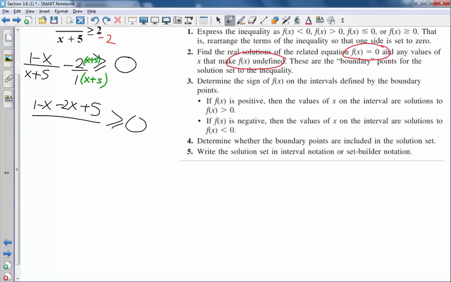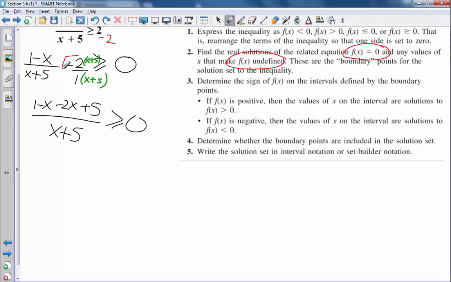Mistake. There is a mistake. Where? Minus 2x minus 10. And multiply the minus 2 times 5. I think Austin said positive 10. Did you say positive 10? Minus 10? Okay, yeah.